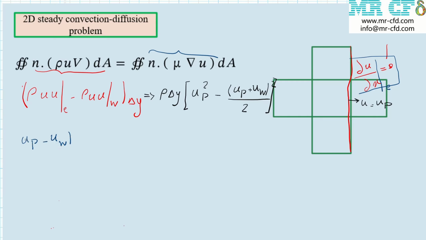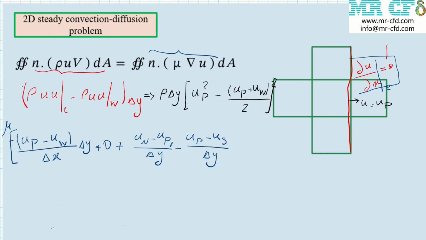For the second term also, we can discretize the gradient of u in the same manner as the previous steps, but the gradient of u with respect to x in the east face is 0. So after simplification, this form of algebraic equation for the right-hand side will be obtained.